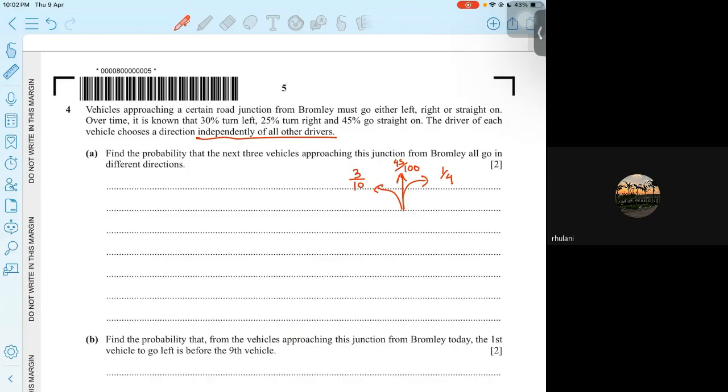It's either, let's say, one goes left, one goes right, one goes straight. Then this would also be S, L, R, or R, L, S. This could also be all of these combinations, right? So please take 2 minutes, try to solve this in your own way, and then give me the answer, and I'll tell you whether it works out.